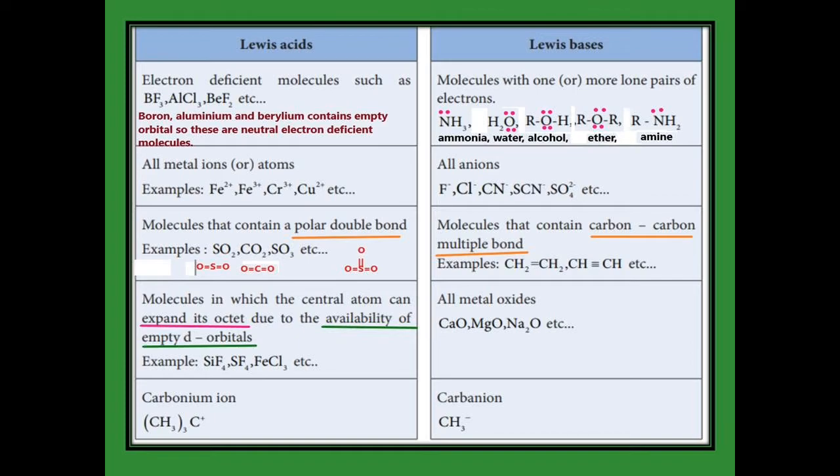And a carbonium ion, carbon with positive character, is a Lewis acid, because it accepts electrons. And a carbon with anion character, CH3 minus: here the hydrogen does not possess the negative character, only the carbon does, so it donates electrons and is called a Lewis base.